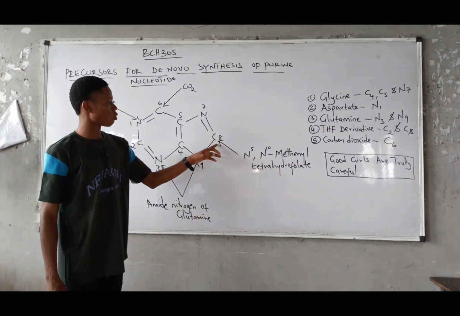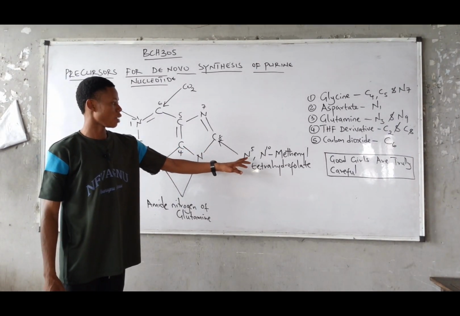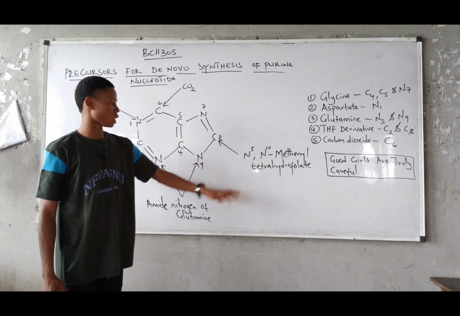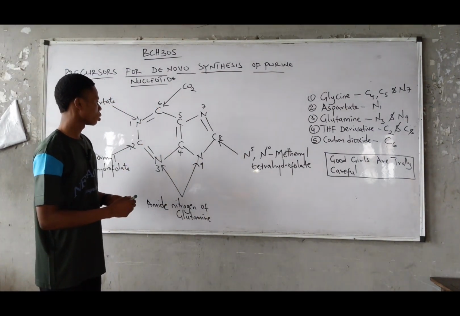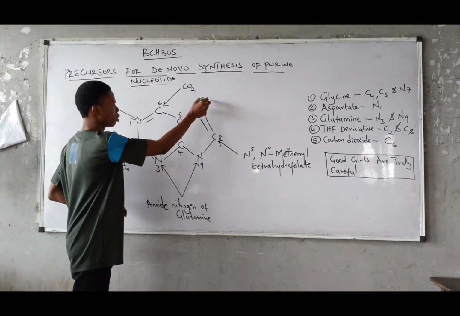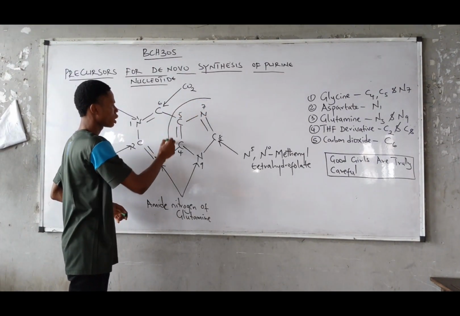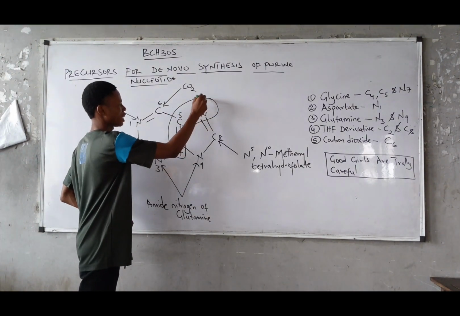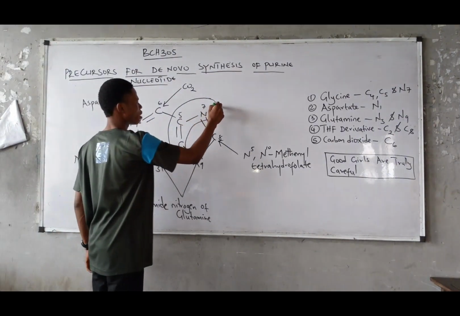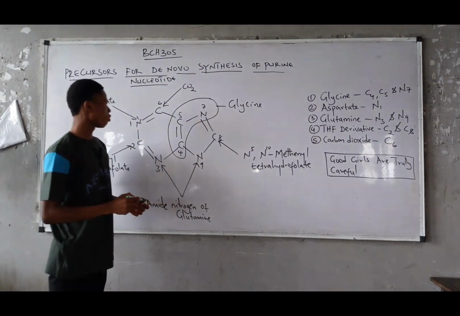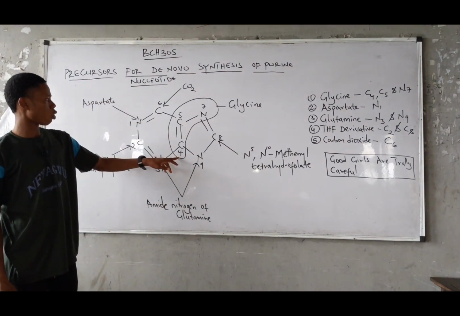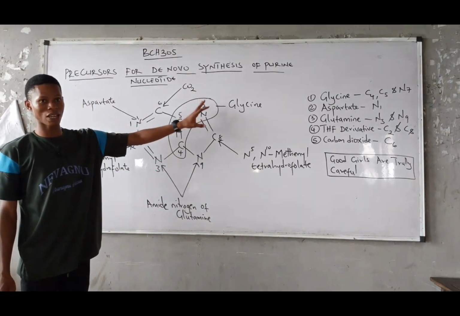Carbon 8 is provided by what? N5, N10 methenyl tetrahydrofolate. Carbon 6 is provided by what? CO2. Now, carbon 4, carbon 5, and nitrogen 7 are provided by glycine. So glycine provides carbon 4, carbon 5, and nitrogen 7.